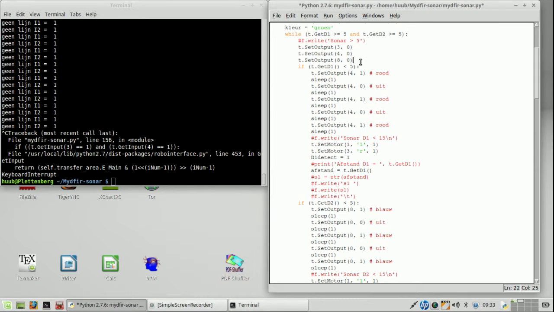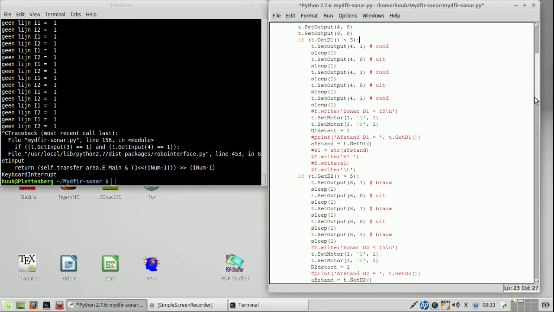This is sonar input. Here it goes 3 times red for the sonar, 3 times blue for the sonar, and then it should say, alright, let's go backwards. One motor the one way, one motor the other way. That's alright.